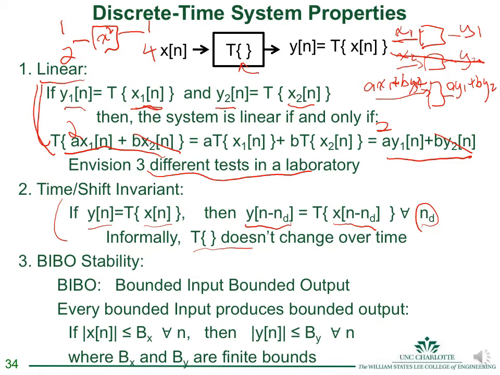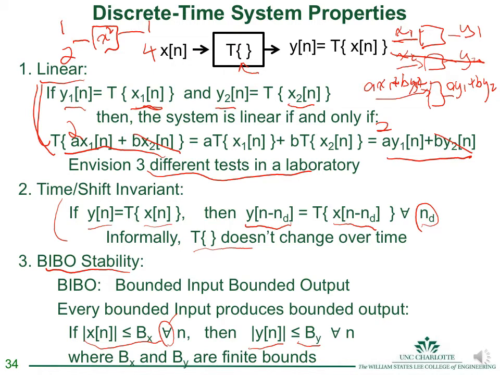Stability, another important property. Bounded input, bounded output stability. That means that if the input is bounded for all n, where the upside down A is a math symbol meaning for all, then the output must be bounded by some finite number for all n. It doesn't have to be the same bound.